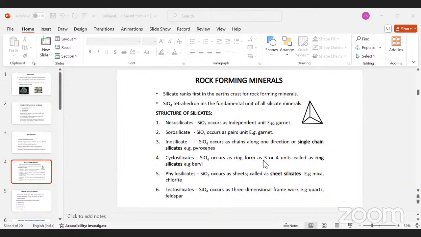According to that, the chain silicates will be forming, and the chain silicates are also known as inosilicates.